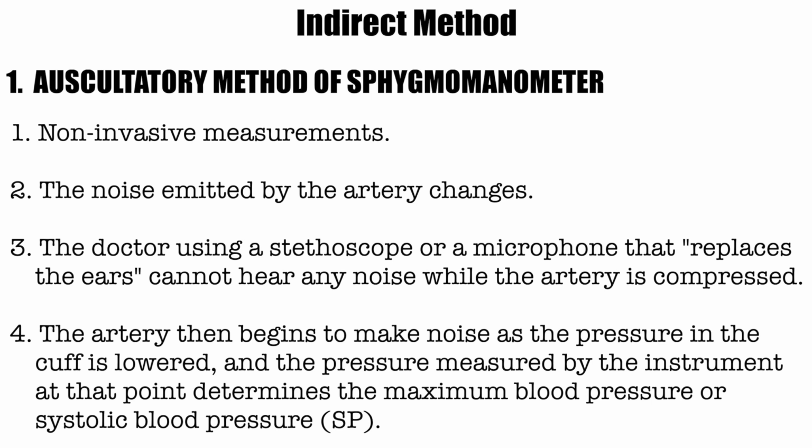The doctor, using a stethoscope or a microphone that replaces the ears, cannot hear any noise while the artery is compressed. The artery then begins to make noise as the pressure in the cuff is lowered, and the pressure measured by the instrument at that point determines the maximum blood pressure, or systolic blood pressure.